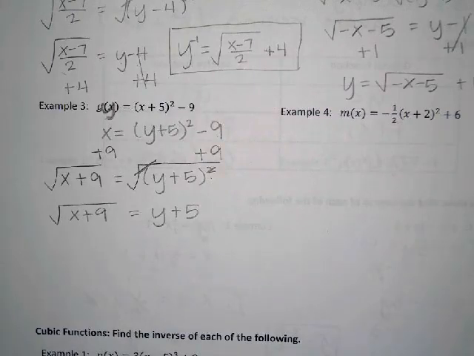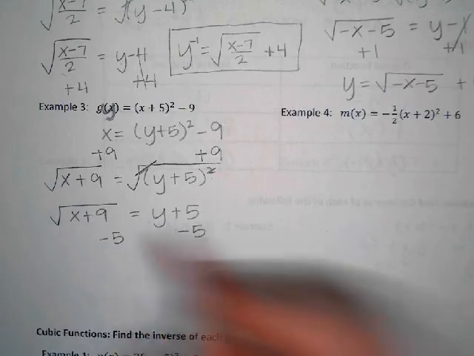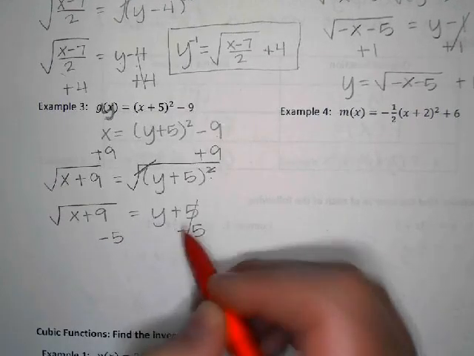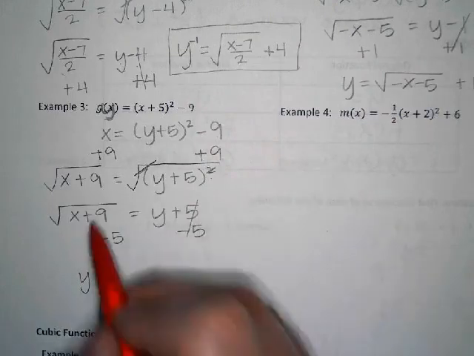And then how do we get the y alone? Subtract the 5. So the y is all alone. And then we have the square root. And then we have the subtract 5.